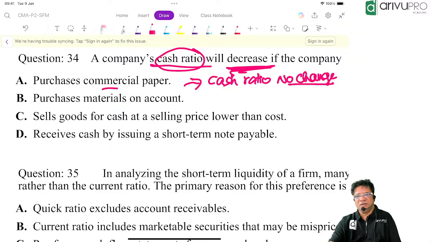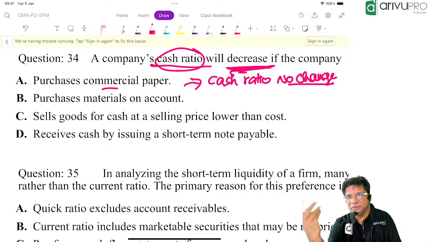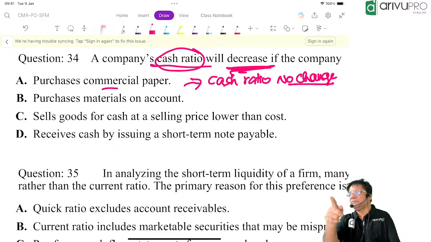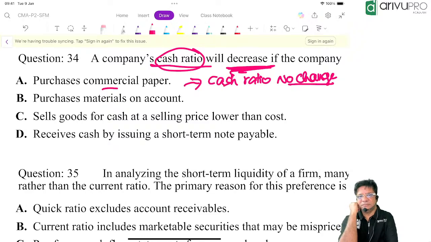Next. When you purchase material on credit, your liabilities increase, and assets also increase, no? You buy inventory, but inventory is not part of cash. Inventory is an asset, but current liability increases.